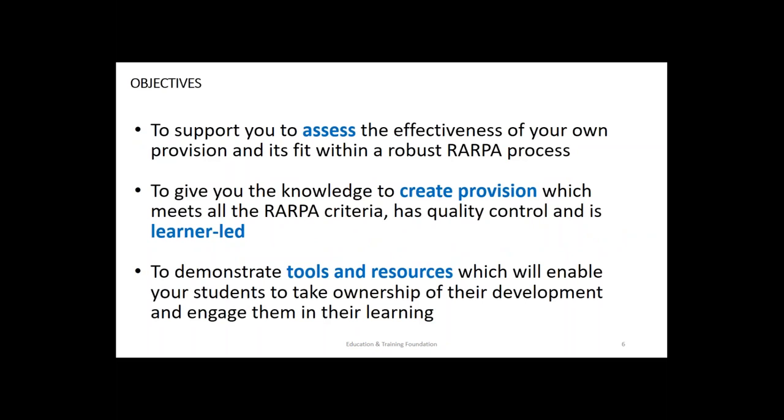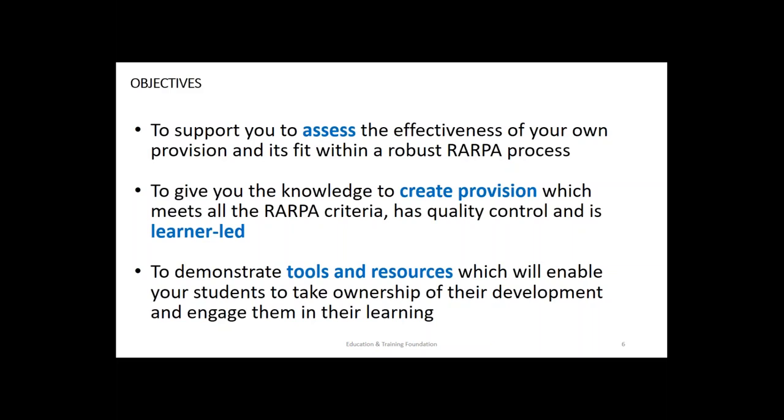Our objectives today are going to be to support you to assess the effectiveness of your own provision and how it fits within a robust RARPA process. It will give you the knowledge to create this provision, to meet all RARPA criteria, have a good, robust quality control system in place, and also, again, learner-led, learner-focused.